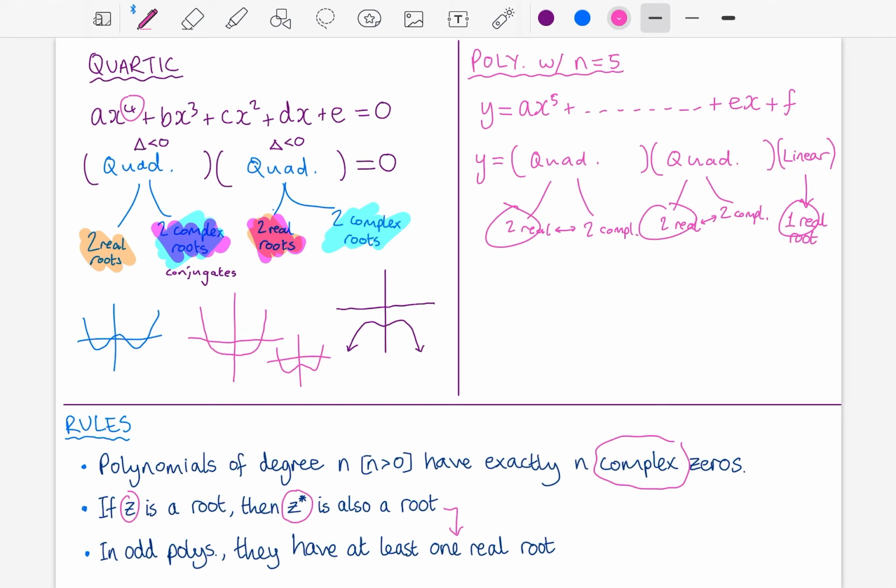When we had our pairs, we were left with one real root at the end, so that would always have to be a real root on its own, or at least one real root. It could be combined with 2 more or 4 more in that situation, but at least one when the degree is odd. We saw that with cubics as well.